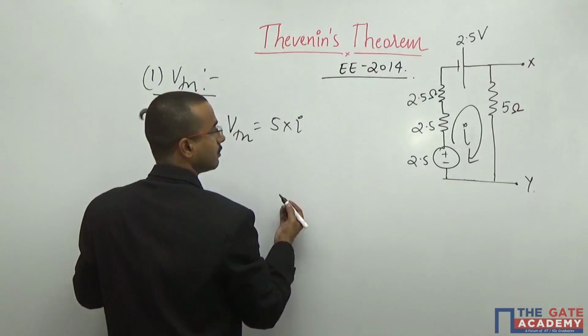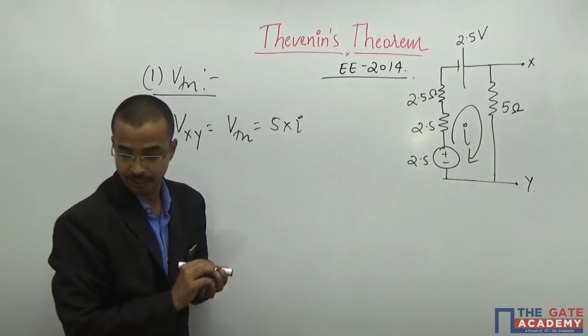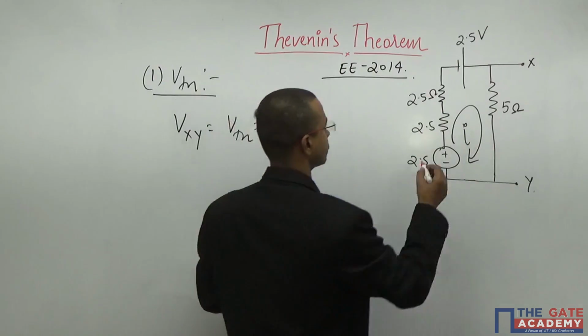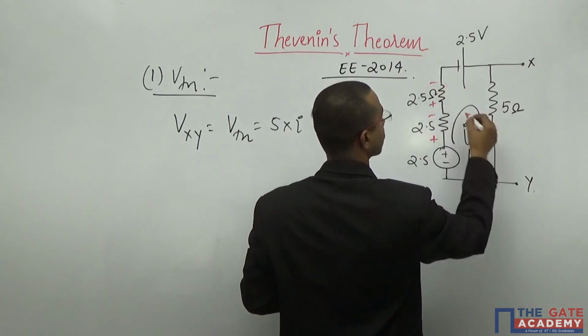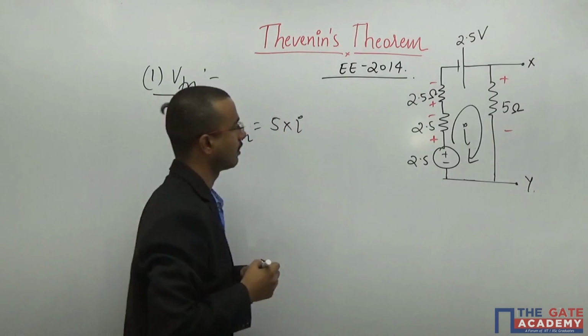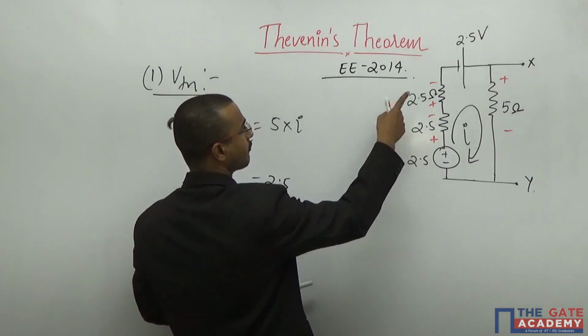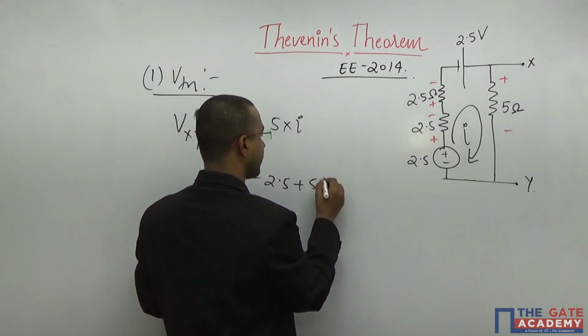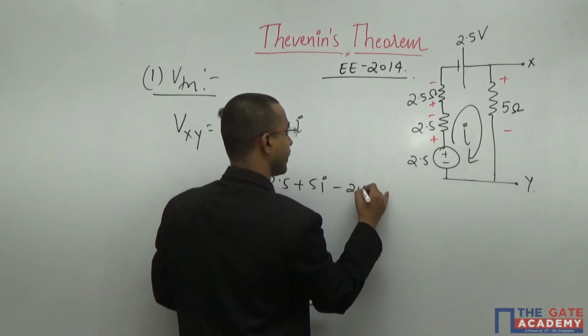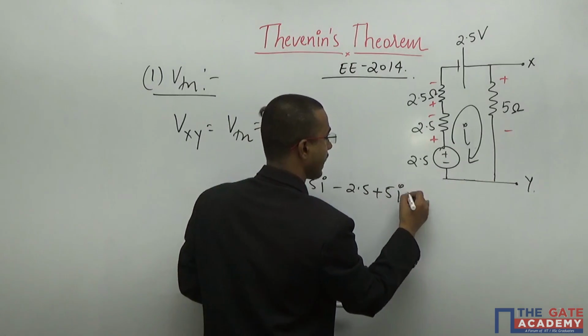I will write down, firstly assigning the passive sign convention here, minus 2.5. 2.5 and 2.5 will become 5. That means plus 5i minus 2.5 plus 5i is equal to 0.